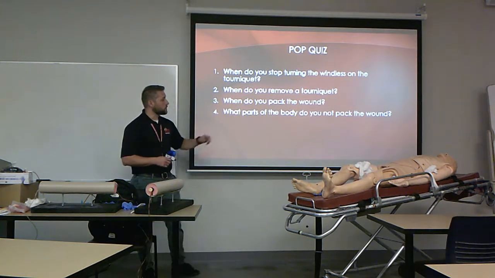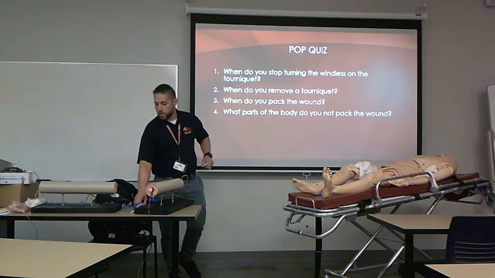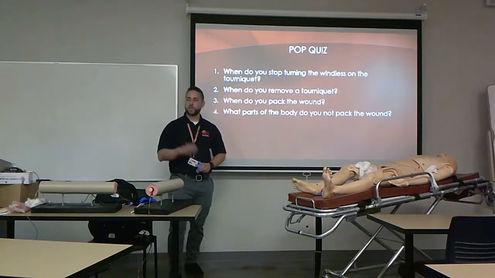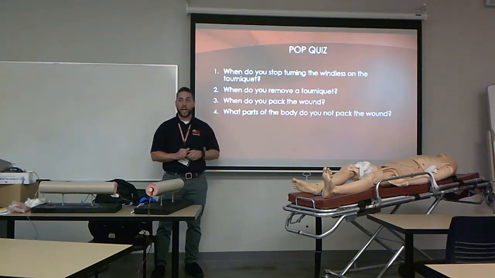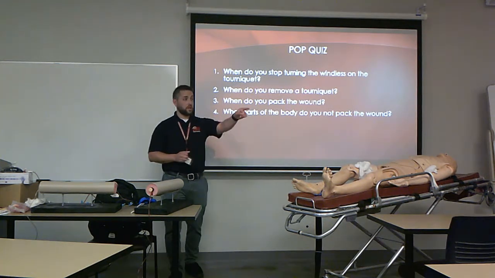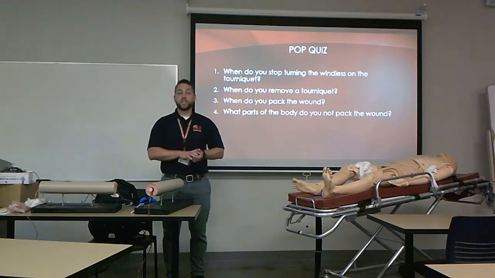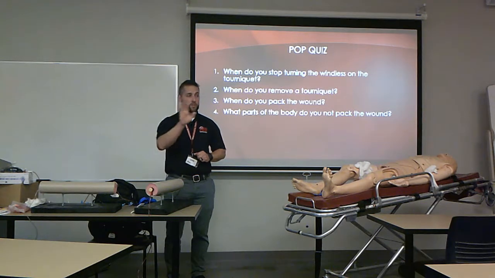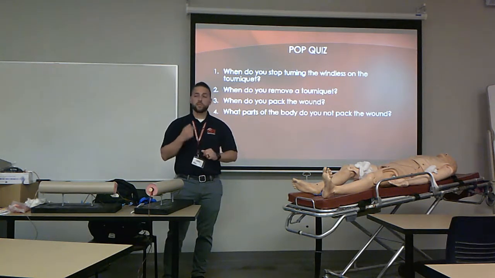Now, I did not discuss this, but I wonder if anybody can get this out, because we discussed it in class before, so hopefully you might remember. Where are some areas not to pack? Abdominal cavity is one, very good. Neck. You can pack the neck, but this is something I have read across all the studies: be very cautious about packing it too much.